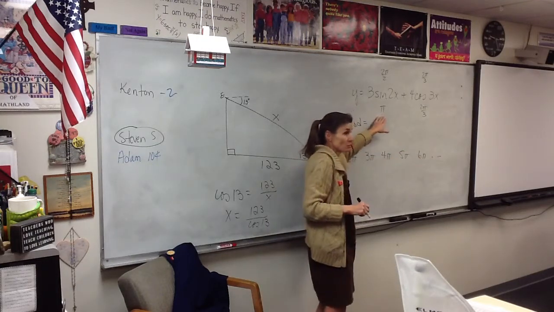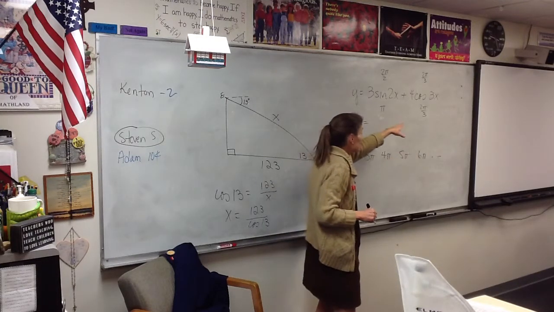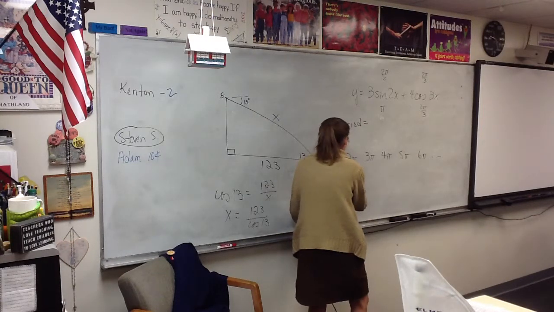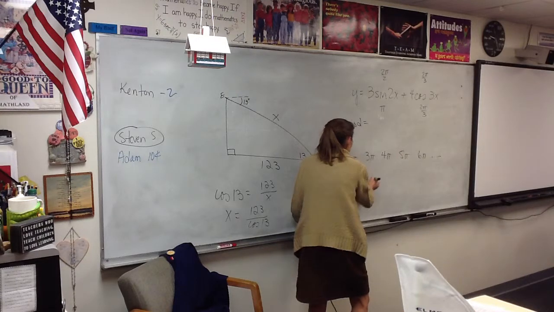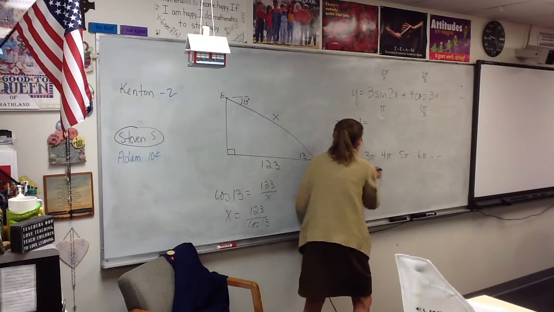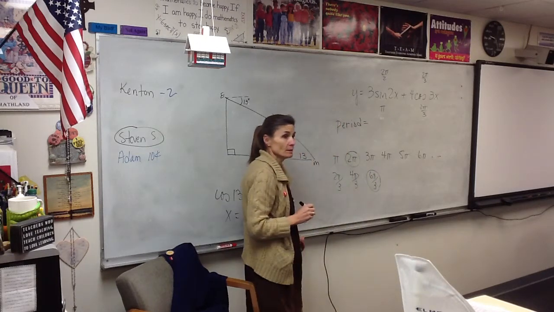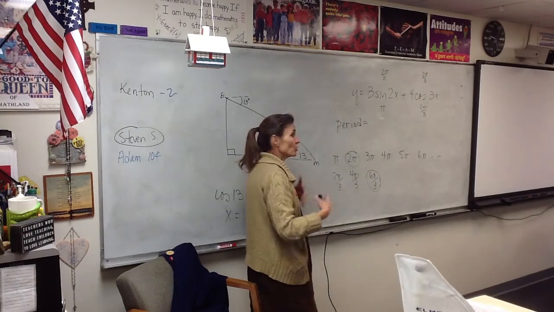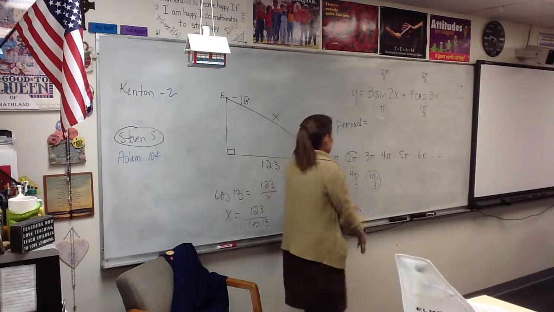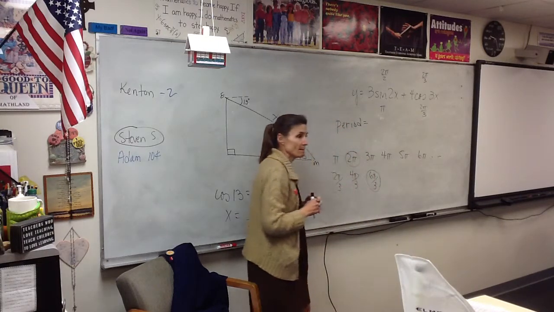When do new periods of that begin? Well, you get a new period at 2 pi over 3, 4 pi over 3, 6 pi over 3, which is 2 pi. So both pieces of this thing begin new periods at 2 pi.